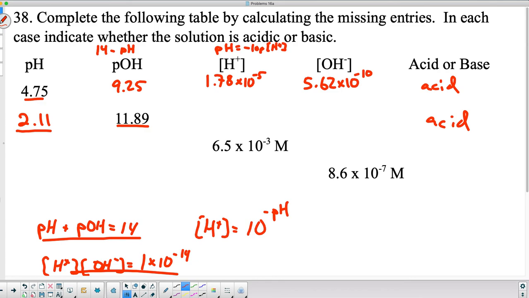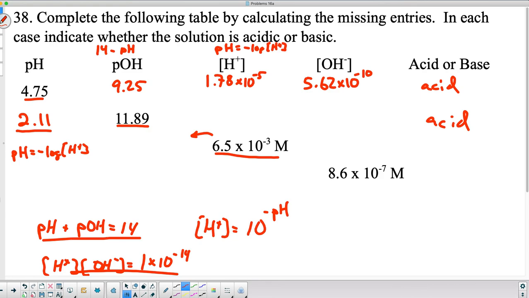So let's do one of these going back in this direction. So this is the hydrogen ion concentration, which means to find the pH, I'm going to do pH equals negative log of the hydrogen ion concentration. That's the formula I'm going to use. Okay, so here's how I do that.